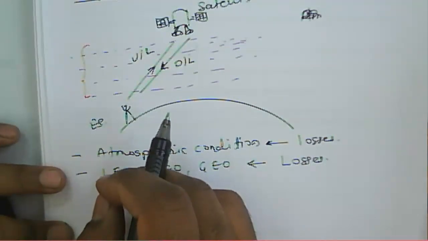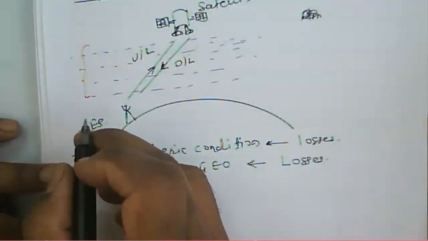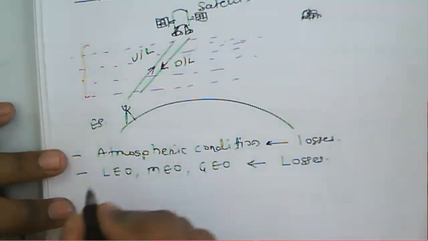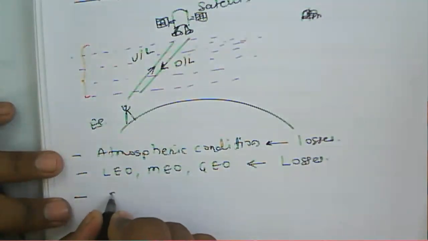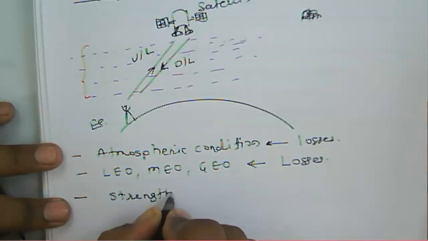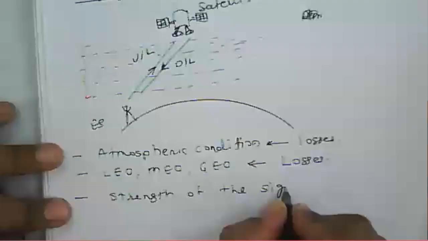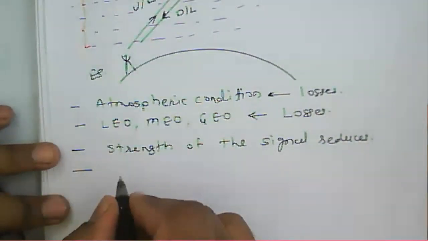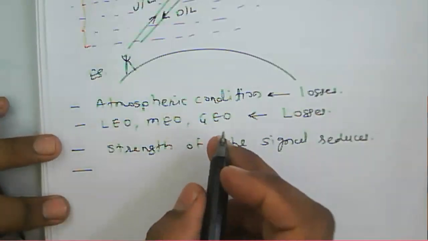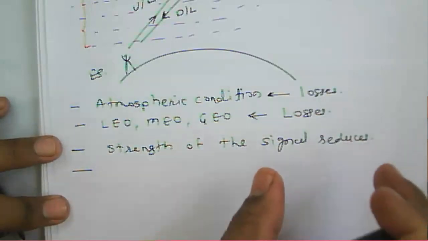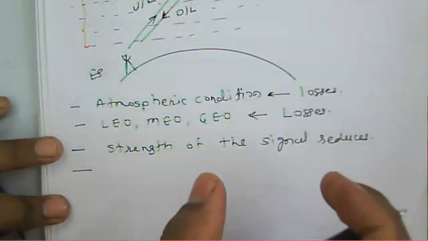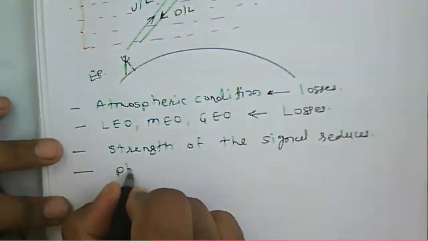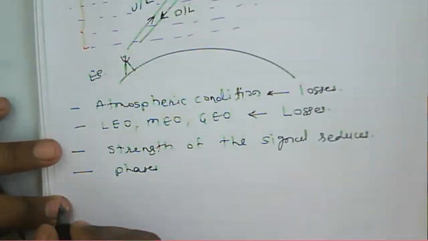That means the signal gets degraded or the signal strength gets reduced. The strength of the signal reduces because of the atmospheric effect, meaning there will be attenuation or absorption in that region, or there may be changes in the phase of the signal.